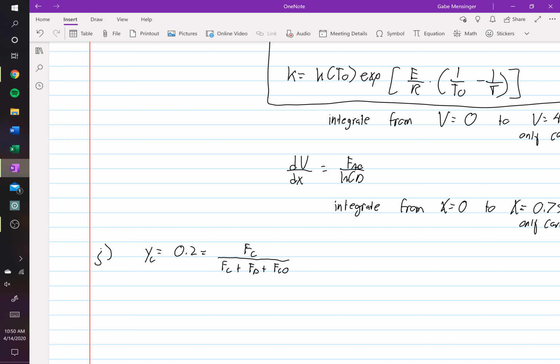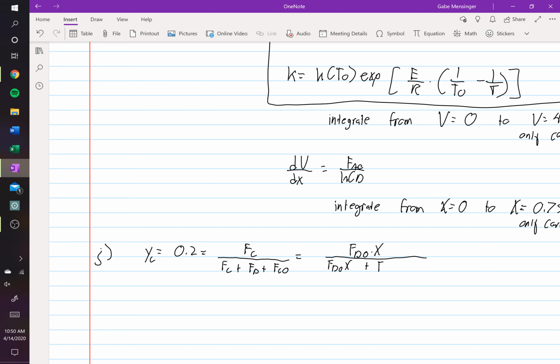And we can rewrite this in terms of our initial molar flow rate and the conversion. So going back, we know that F_C will be equal to F_D0 times the conversion, because it is 1-to-1 from D to C. Same thing down here.